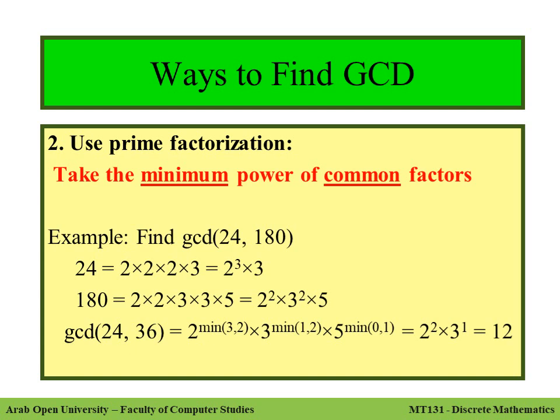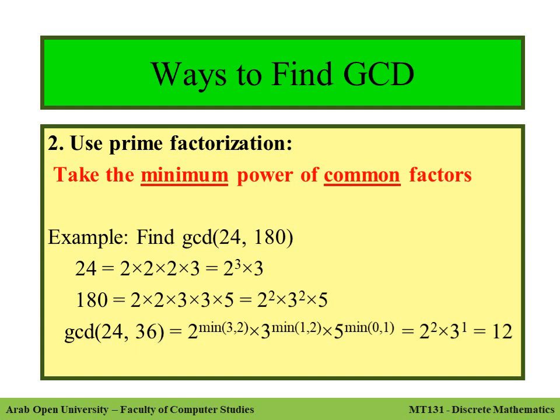Here is an example. We want to find the GCD of 24 and 180. The first step is to write the prime factorization. 24 can be written as 2 to the power 3 times 3. 180 can be written as 2 squared times 3 squared times 5. Now we want to take the minimum power of common factors and multiply them by each other.